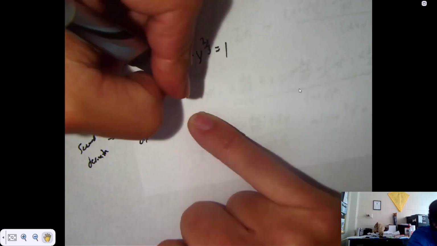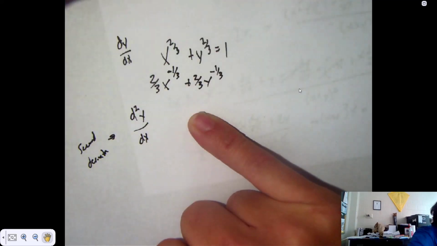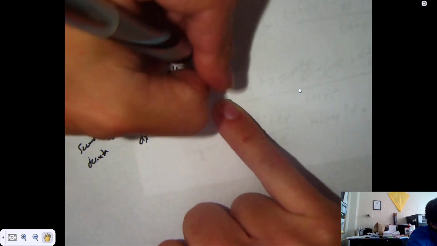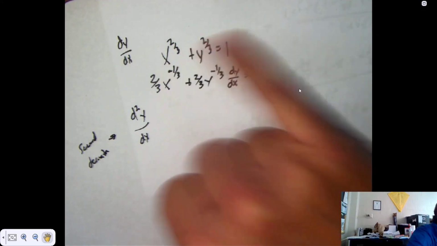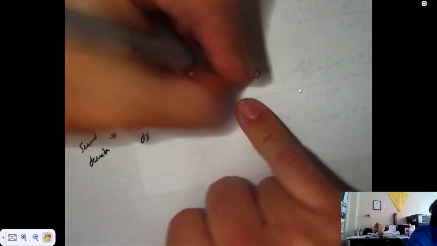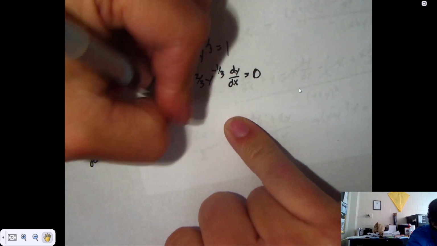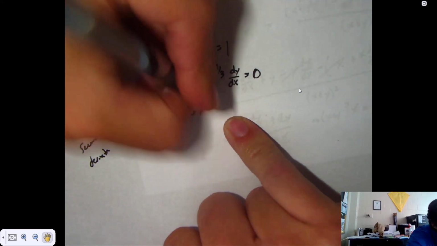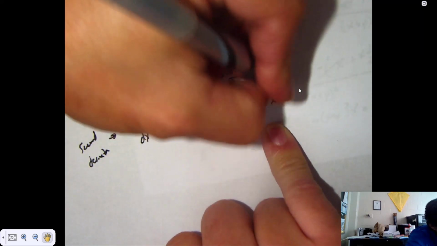All right, here, still the same thing. 2/3 goes out front, still y, still negative 1/3, but you took the derivative of y. What do you got to say? dy dx. Now you are going to solve that thing for dy dx. It's 2 steps. Oh, I don't know why I have a 1 there. That's a 0. Derivative of 1 being 0. Subtract that guy. 2/3 y to the negative 1/3 dy dx equals negative 2/3 x to the negative 1/3.